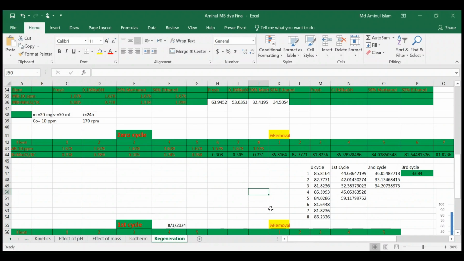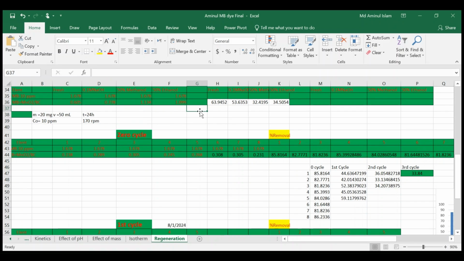In this video, I would like to show you how to calculate regeneration capacity using Excel sheet very easily. So, in order to do this, here are the experimental conditions.